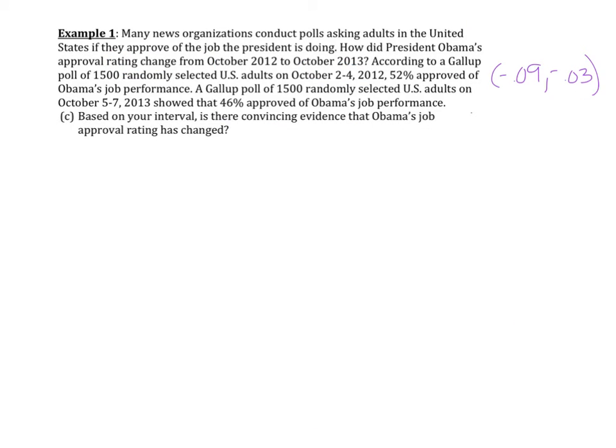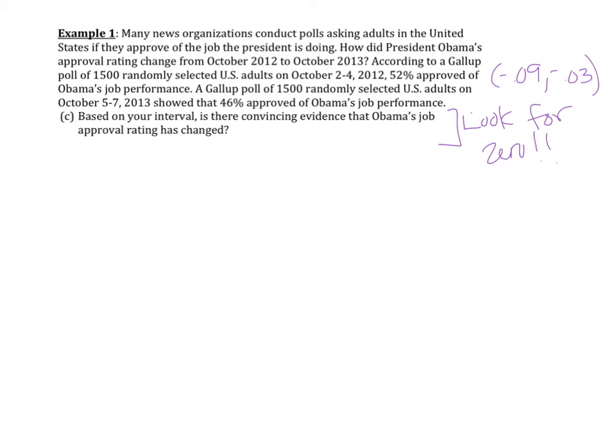So the last part of this example, you want to know, is there convincing evidence that Obama's job approval rating has changed? Whenever you are doing an interval for any sort of 2 samples, either 2 proportions or 2 means, or even if it's a matched pair, even if it's a paired test or a paired interval, you are always going to look for 0 in the interval.